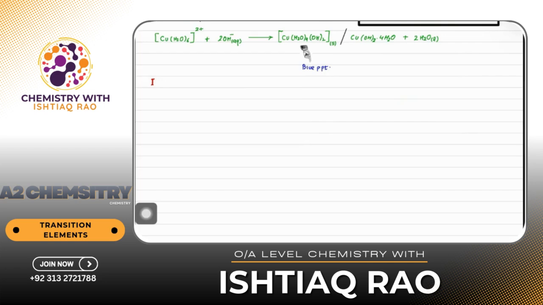If this is heated, what would be observed? I'm going to talk about this one: Cu(OH)2·4H2O is going to be heated, so I would be getting this one.